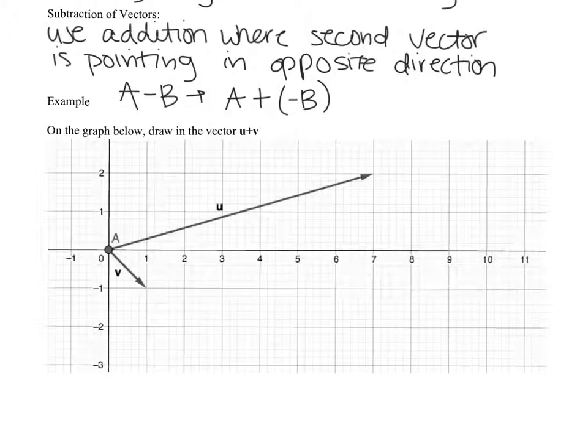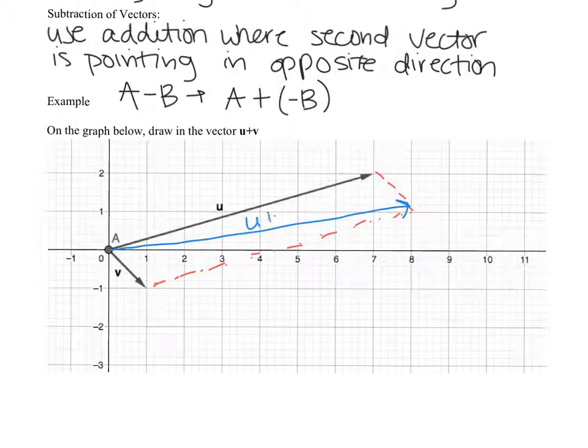So what I'm going to do is draw my parallelogram. There's my parallelogram, and then my sum vector u plus v starts at the initial point and goes to the vertex of my opposite corner. So this is going to be u plus v. It's going to start at 0, 0 and end at roughly about 8, 1.